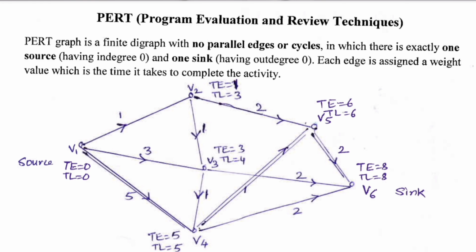To find the critical path, we go through two phases. Phase 1 finds TE, the earliest completion time, and the second phase finds TL, the latest completion time. When TE and TL are exactly equal, we take that vertex as part of our critical path.